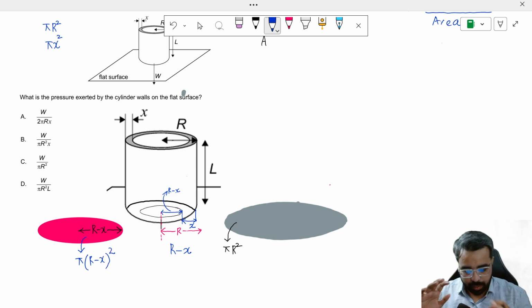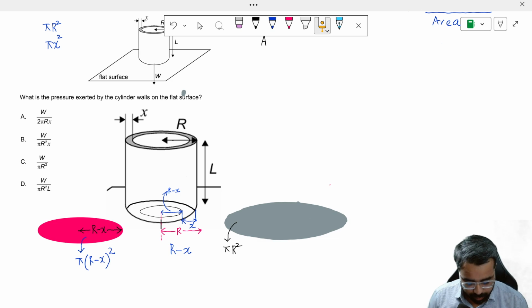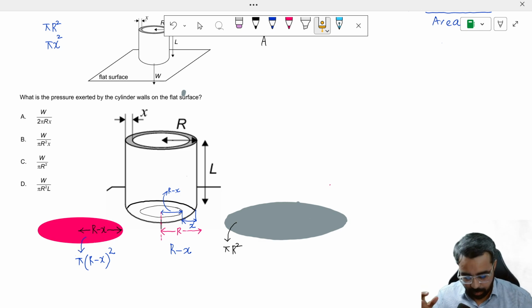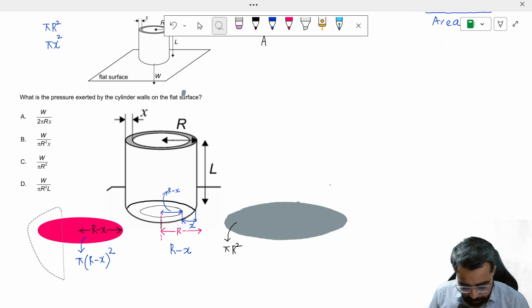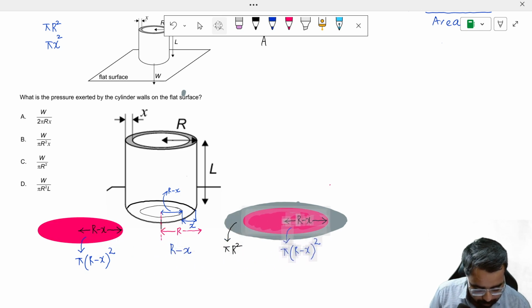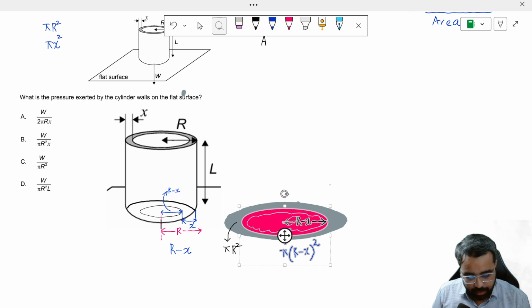So now we have two areas: the total cross sectional area of the cylinder, and the cross sectional area which is not taking part. So we have to subtract. If I subtract it from this, then I will get the area which is applying the pressure.